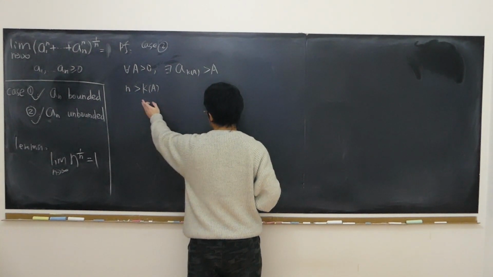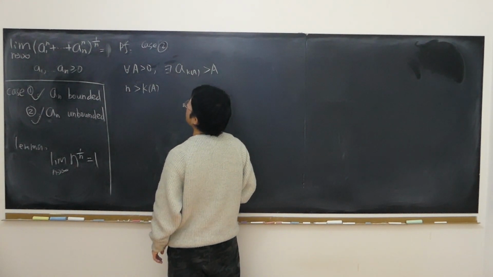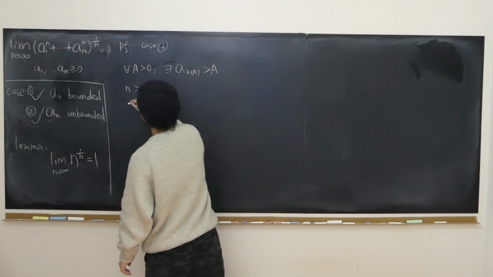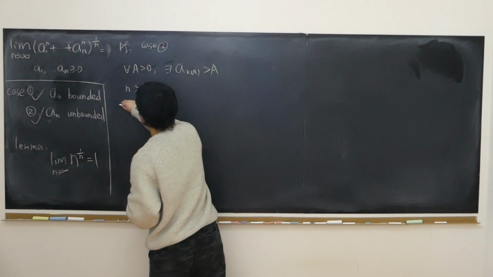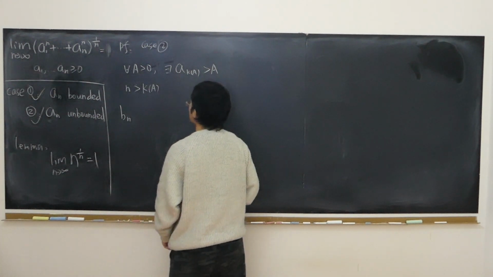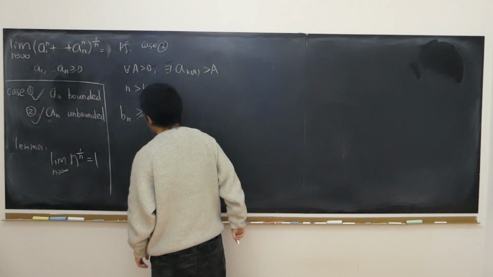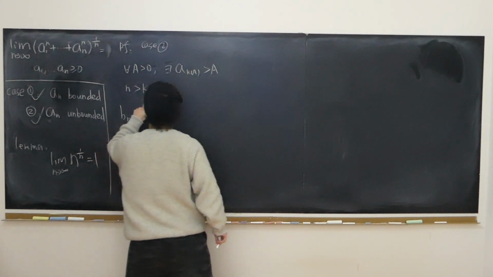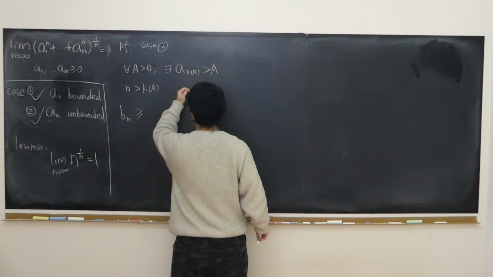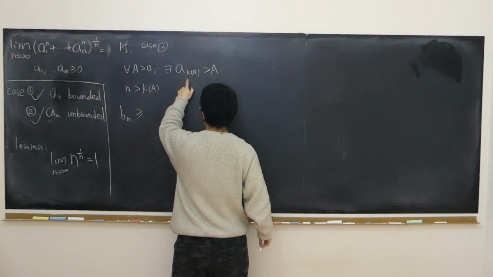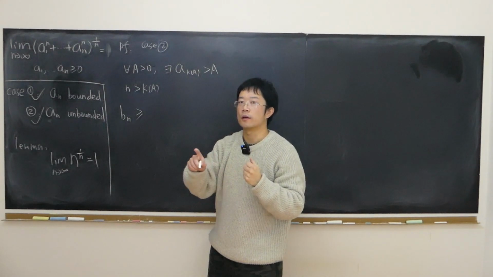This is also fixed. So as long as little n is large enough, then I can simply use Bn, again denoting this expression, and Bn is again larger than or equal to, after I just get rid of all the other terms except for this term. Because as n is large enough, this term is definitely contained in A1, A2, A3, all the way up to An.